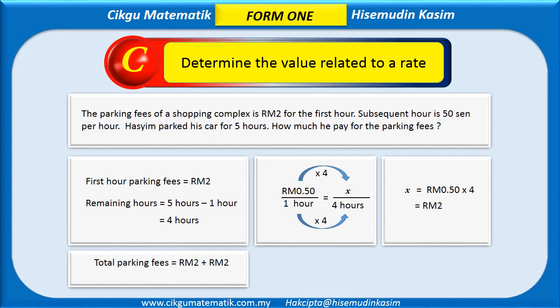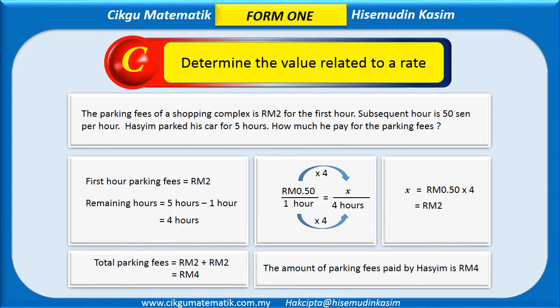Total parking fees equals 2 ringgit plus 2 ringgit equals 4 ringgit. The total amount of parking fees paid by Hashim is 4 ringgit.